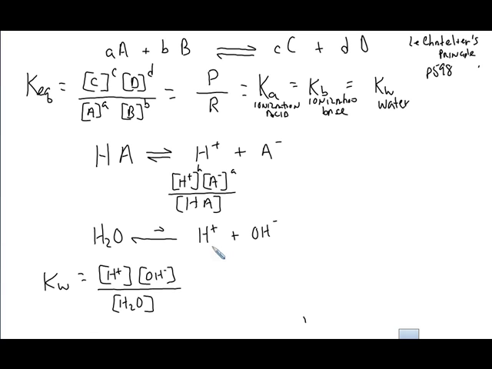Well, it has been determined by measuring pH and so on, I think with electrical conductance and resistance, because remember, they're electrolytes, right? It has been determined that this value right here equals 1 times 10 to the negative 14.